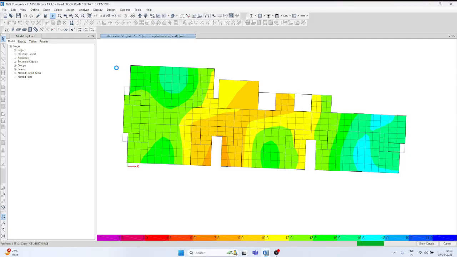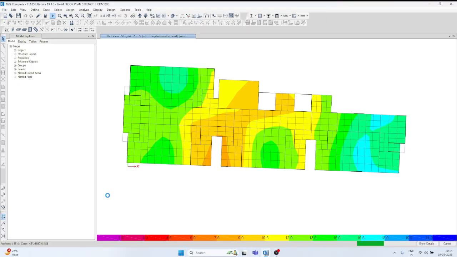So you just have to keep patience in that. Like that, suppose it's under process of analyzing, you have to keep your patience and just watch how much has been completed. See, already 45% of buckling has been completed, 55% is left.